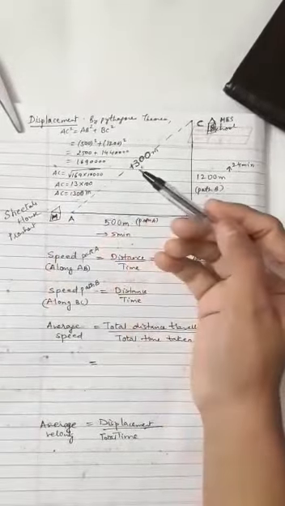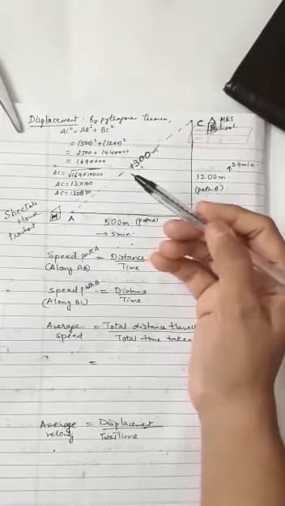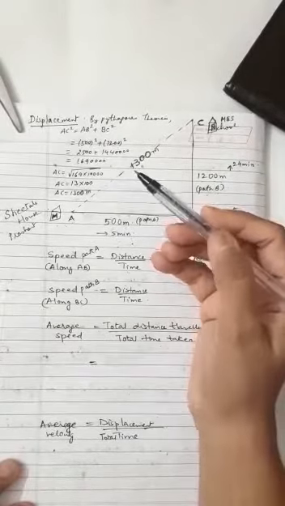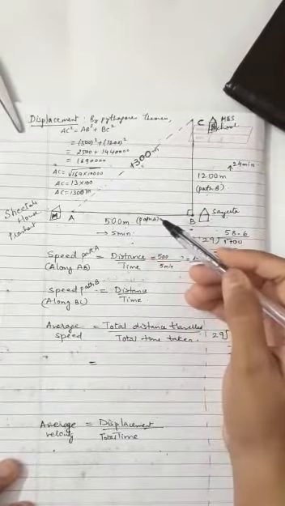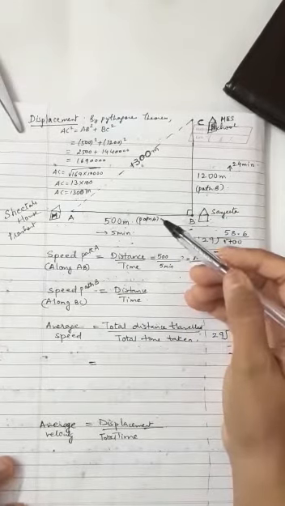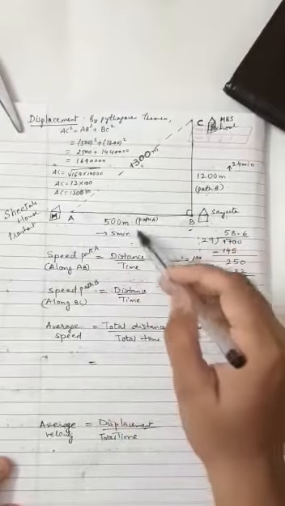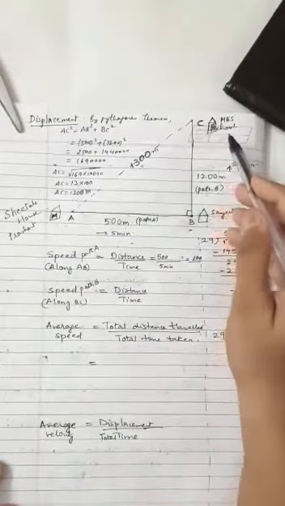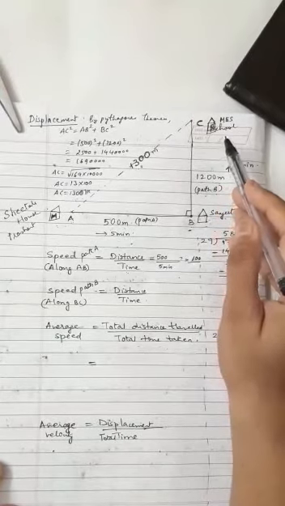Now we'll use the same example. The distance between the houses of Sheetal and Sangeeta is 500 meters, and that between Sangeeta and school is 1200 meters.